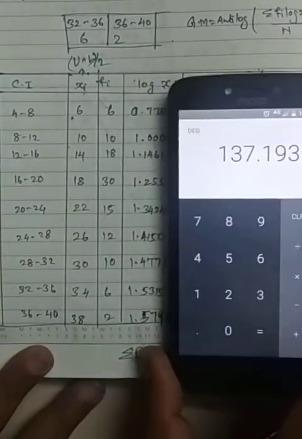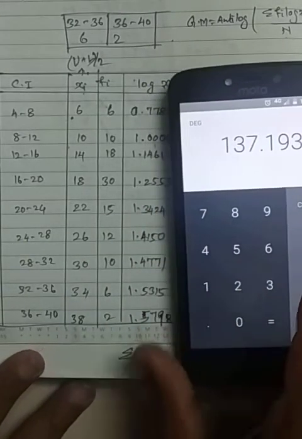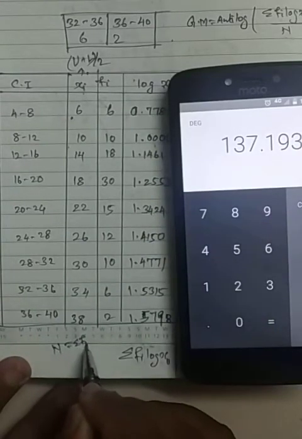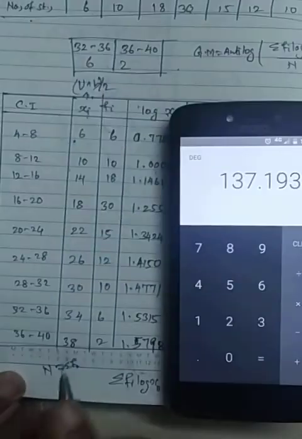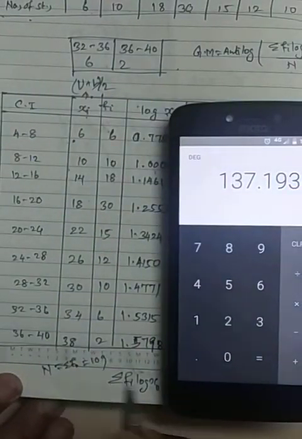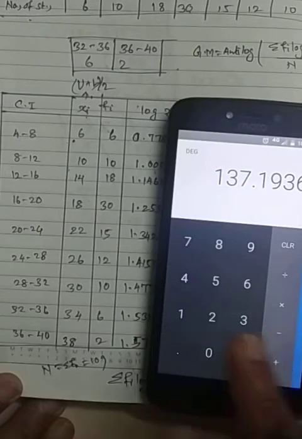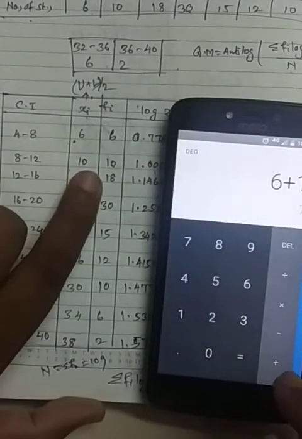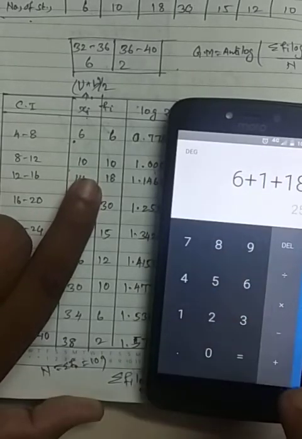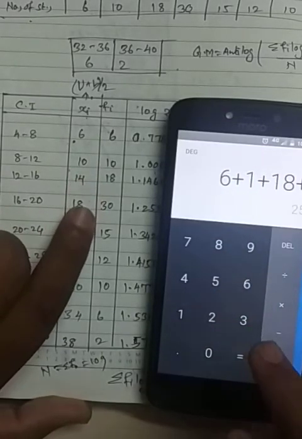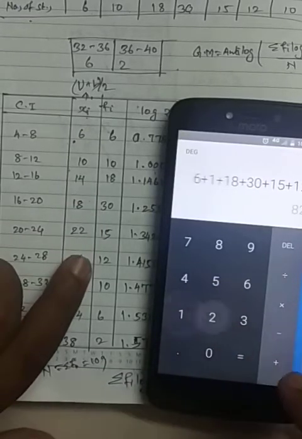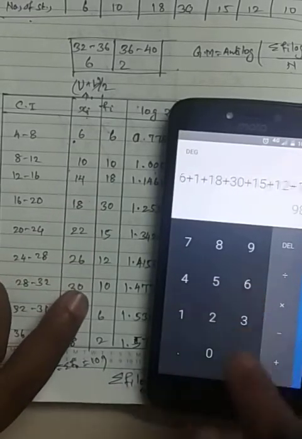Now this is the value, and n value, sigma fi, will come as 109. You can check it: 6 plus 10 plus 18 plus 30 plus 15 plus 12 plus 10 plus 6 plus 2.